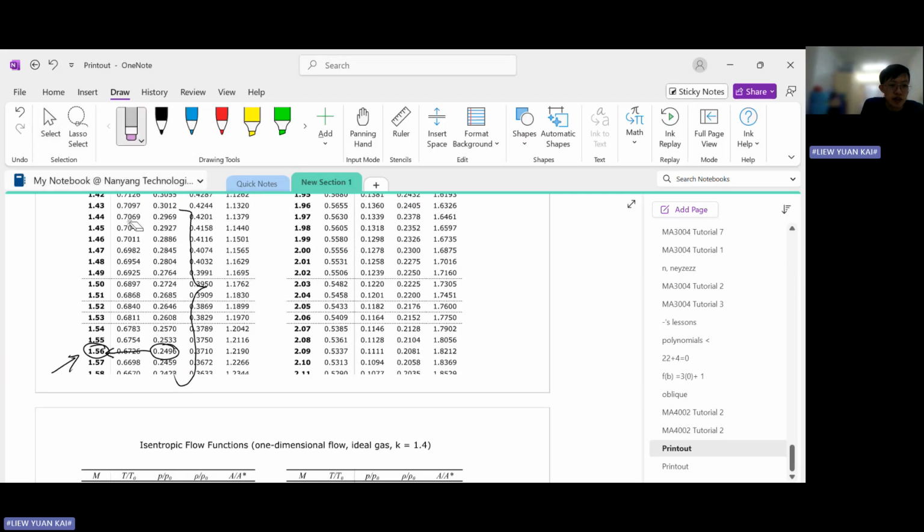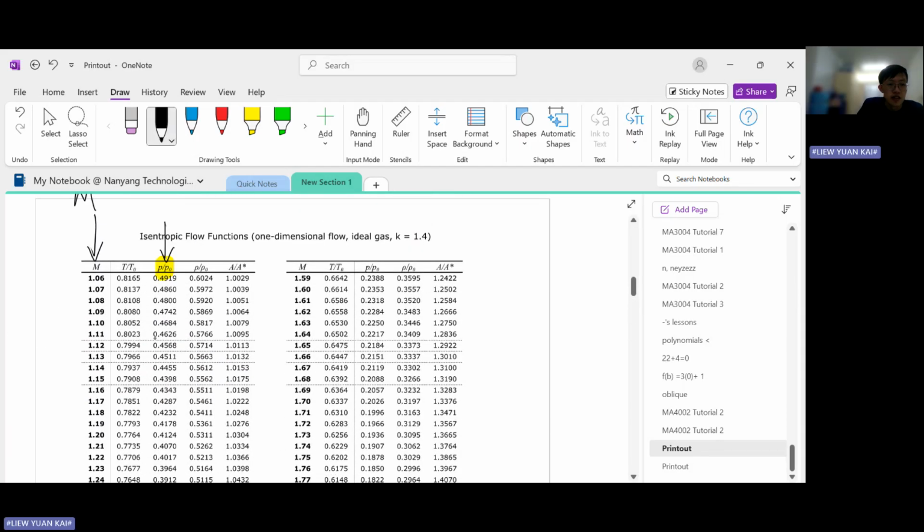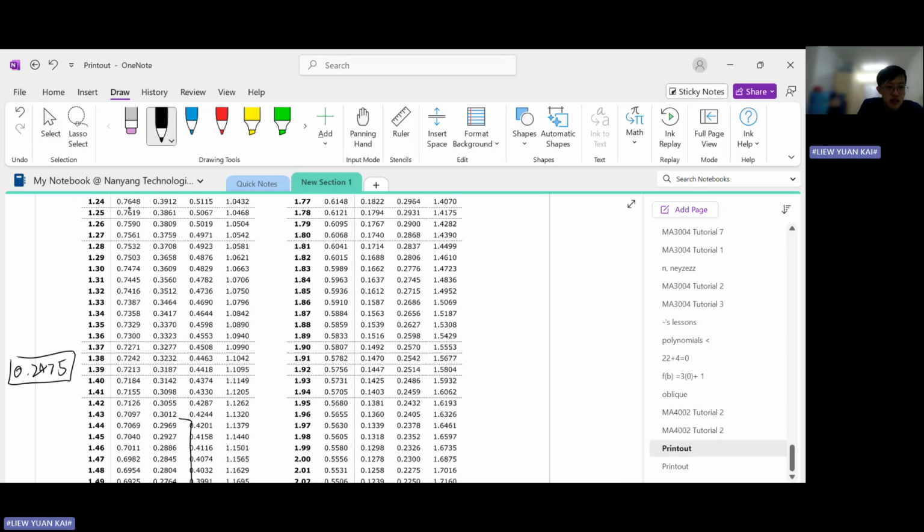Basically it's just the row that we uncovered just now. And the temperature column is the first one here.